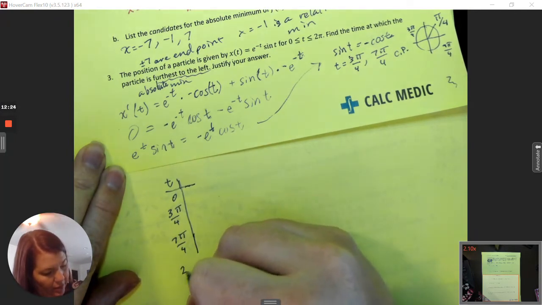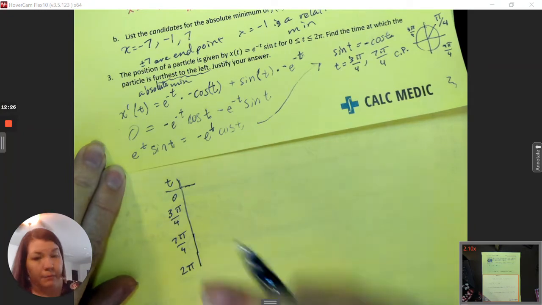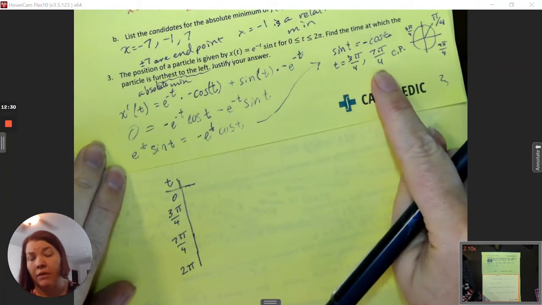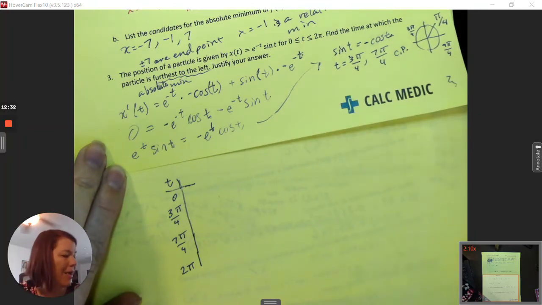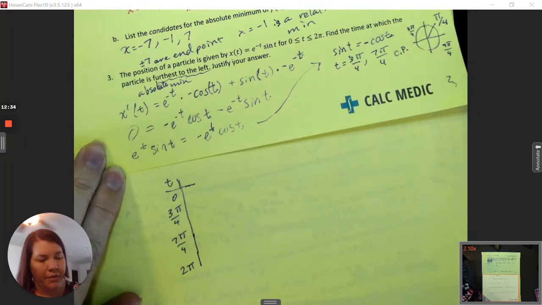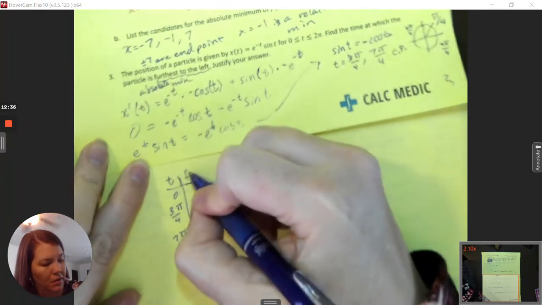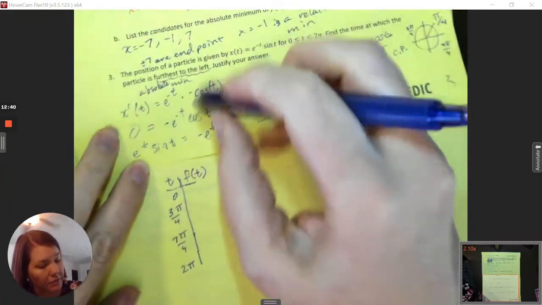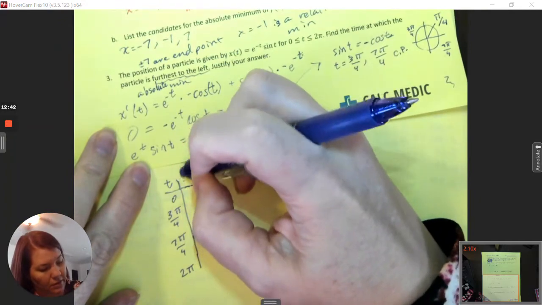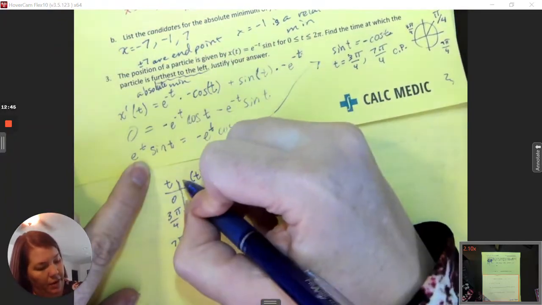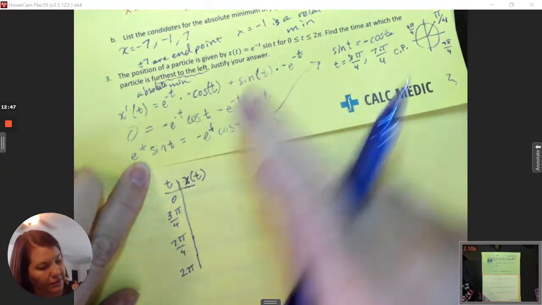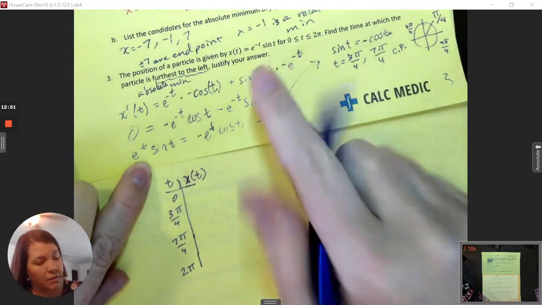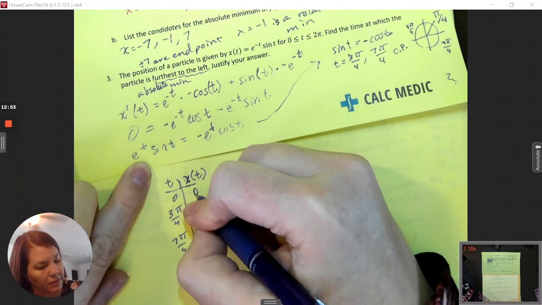If I check, I could figure out which one of these is the relative max, but I often just don't bother. It's easier just to go for it sometimes. So I'm plugging into x of t. When I plug in 0, e to the 0 is 1, sine of 0 is 0, so this one is 0.